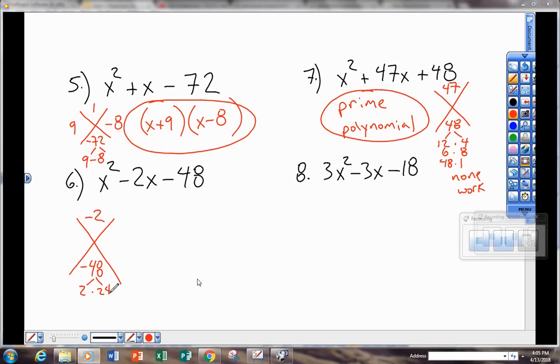It is also 3 times 16. 4 times 12. 6 times 8.